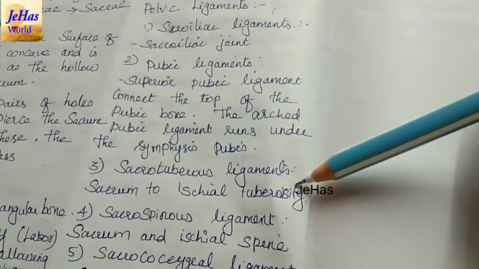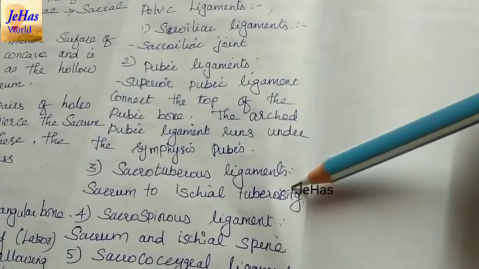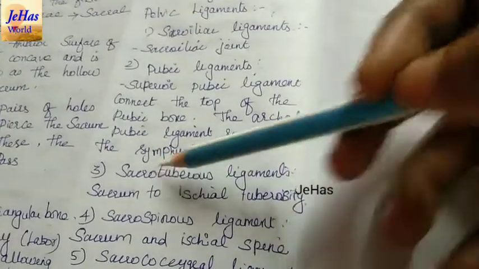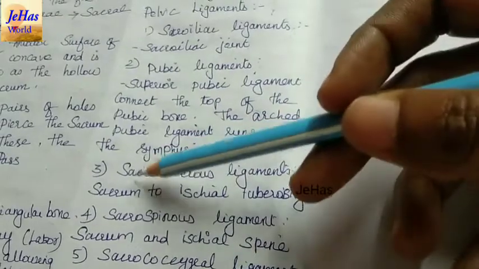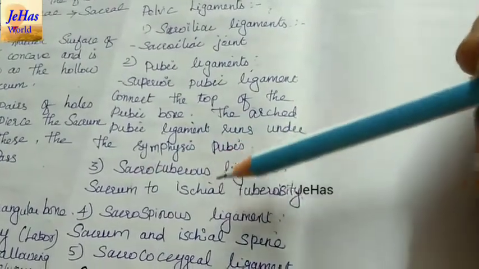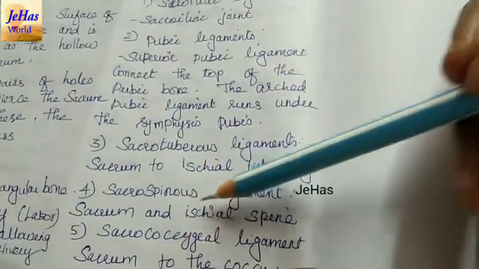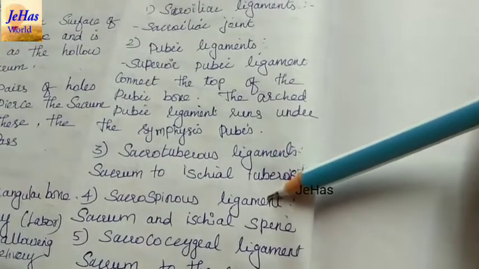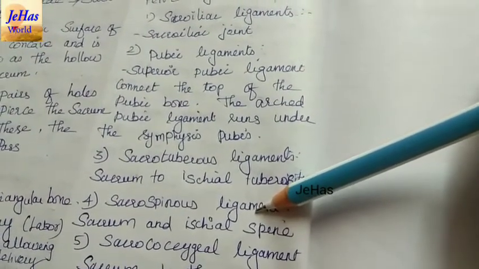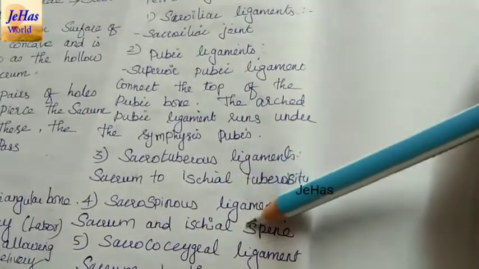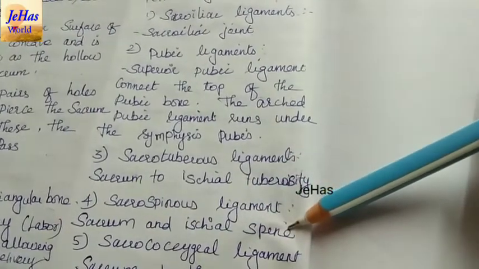One ligament on each side runs from the sacrum to the ischial tuberosity. Next one is the sacrospinous ligament. It is one ligament on each side from the sacrum to the ischial spine.